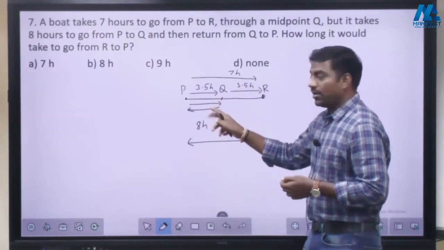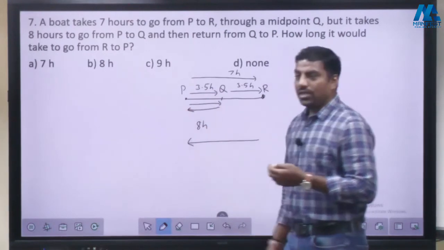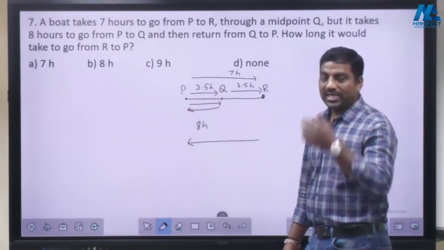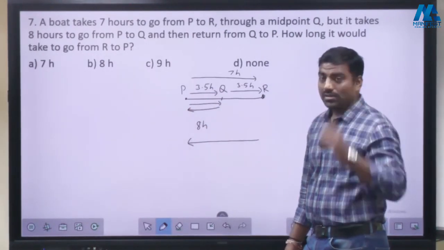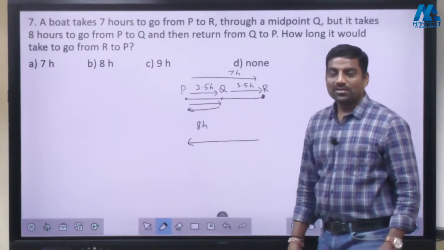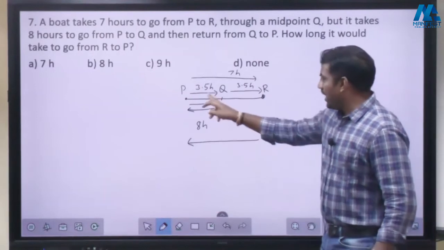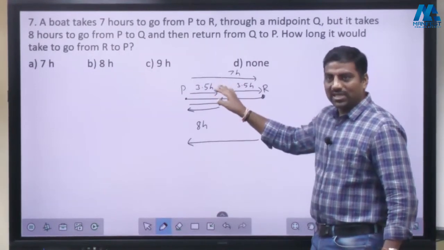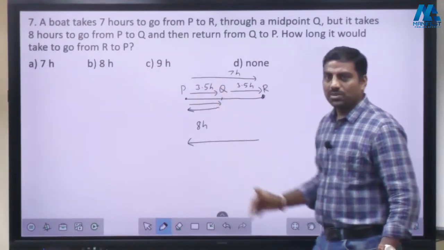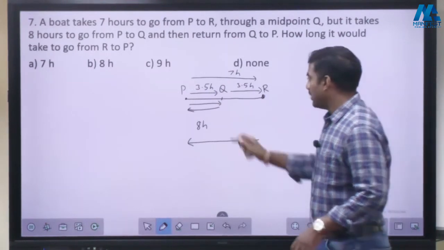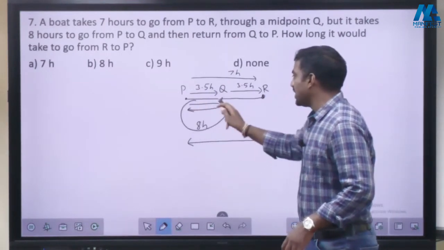But see here, from P to Q and Q to P again, it is 8 hours. What does it mean? While going downstream, we are taking lesser time. While coming upstream, we are taking more time. So this entire journey has taken 8 hours.